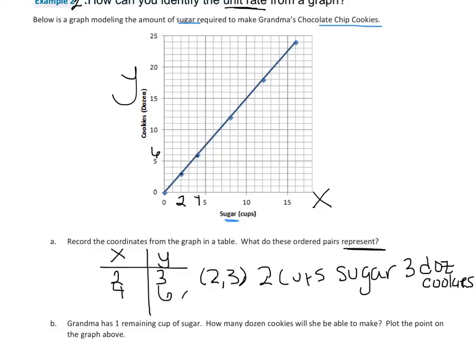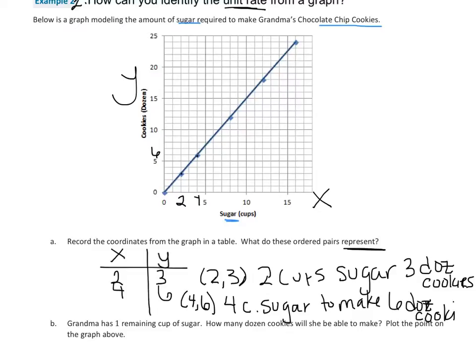Okay, this ordered pair, (4, 6), represents it takes 4 cups of sugar to make 6 dozen cookies. All right, hopefully yours is prettier than mine. So I think that answers A, and there are a few more points on the graph that we could have used and said the same thing.